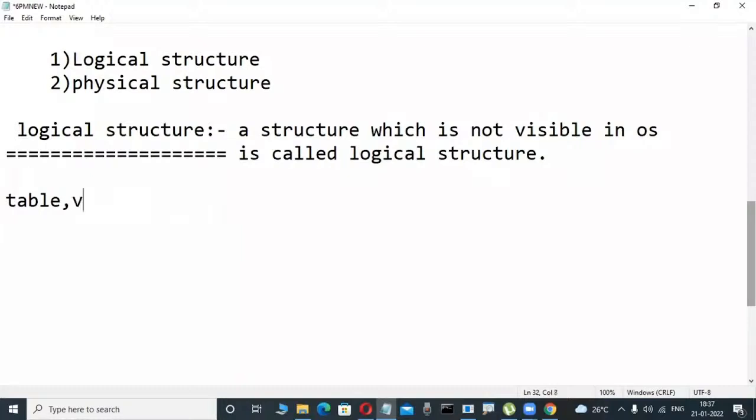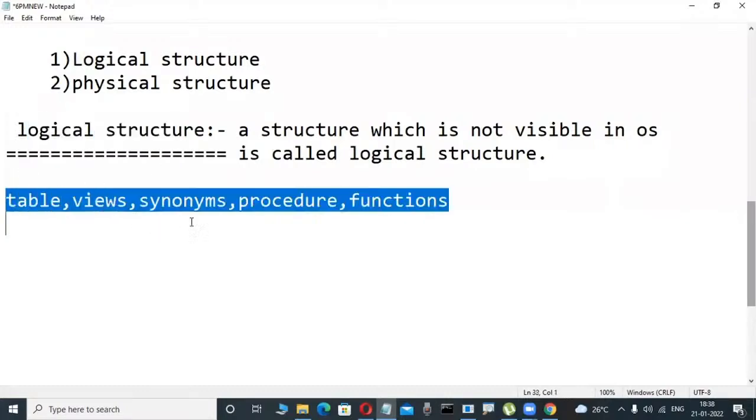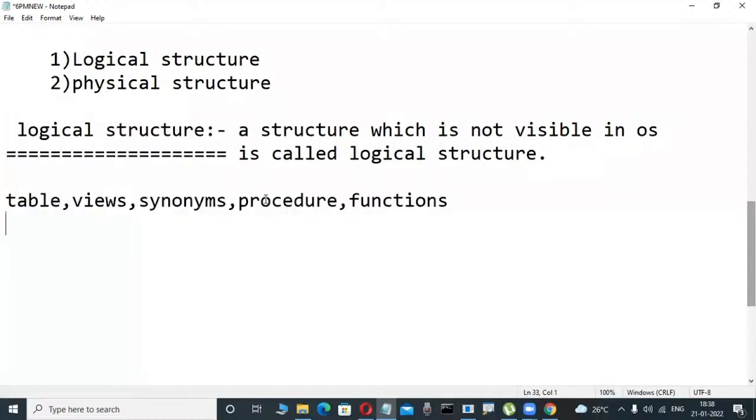Views are there, synonyms are there, indexes are there. These are all database objects. Procedures, functions, triggers, packages are there. These are all logical structure, not visible in the operating system. Whatever objects we are learning in our course are not present in the operating system.